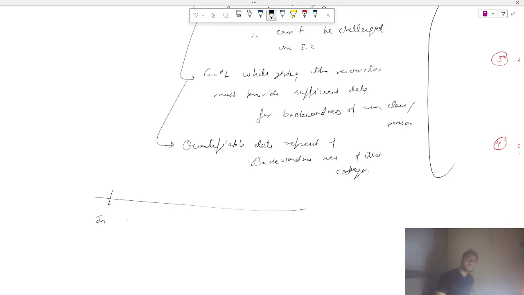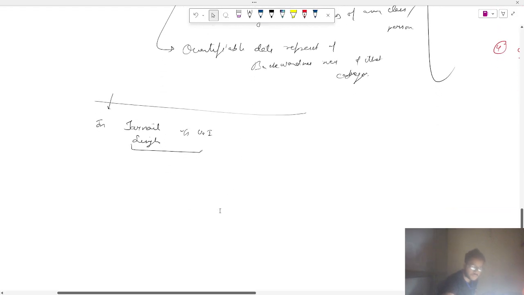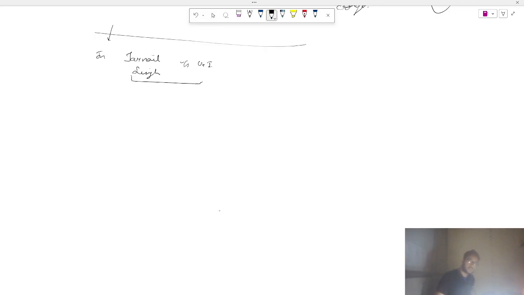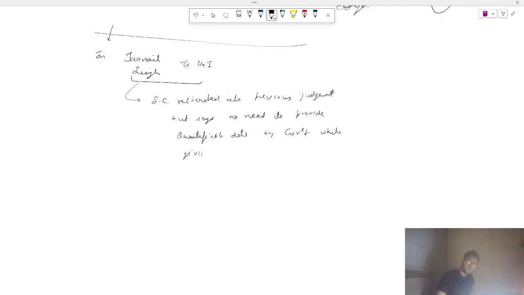The Supreme Court reiterated its previous judgment, but says there is no need to provide quantifiable data by the government while giving reservation.